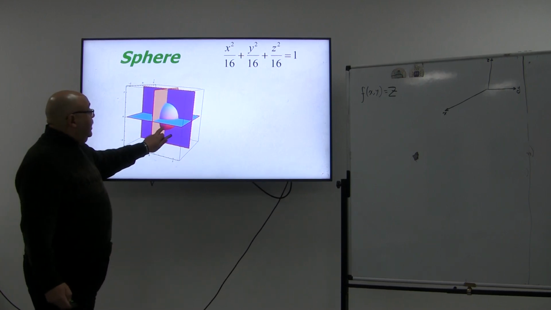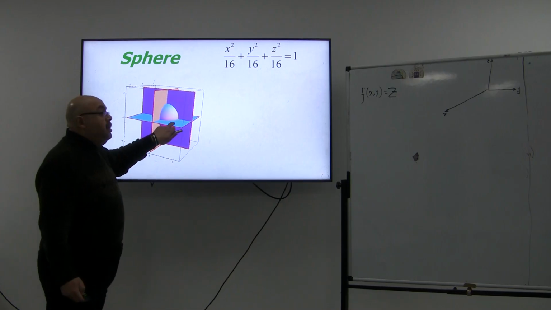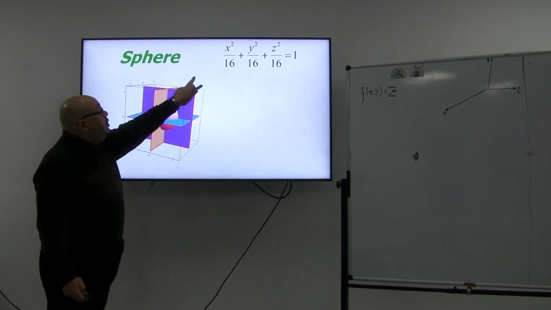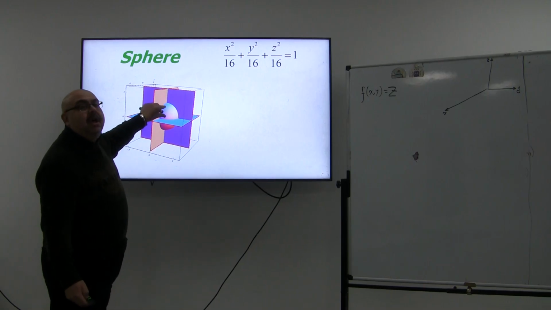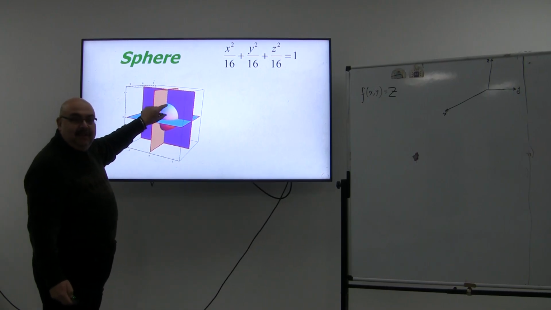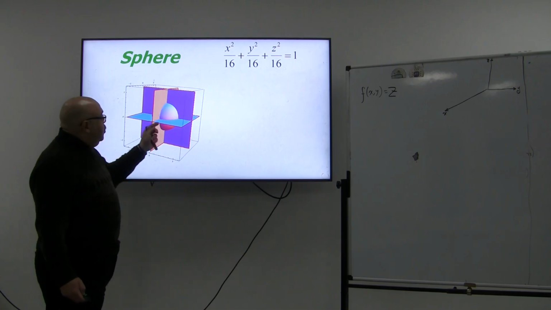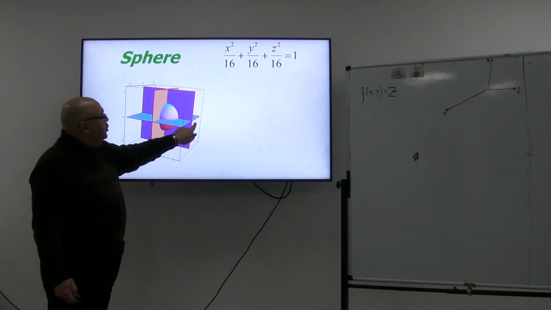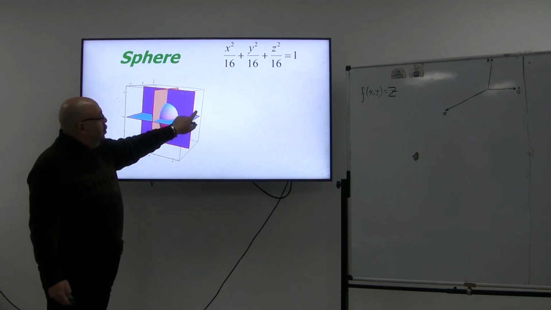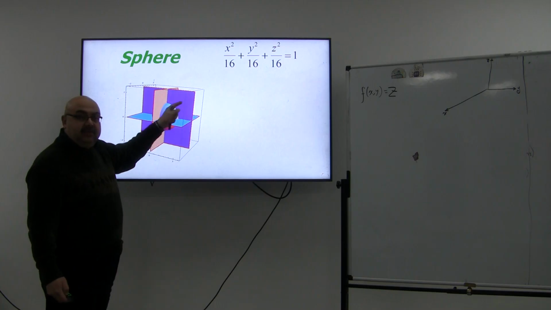Here, notice that I deliberately want you to see the xy plane is cutting because the center is the origin. So you have now 1/8 of this sphere in front of you. The other 1/8 is from below the plane, and then the other ones on the other side, and so on.